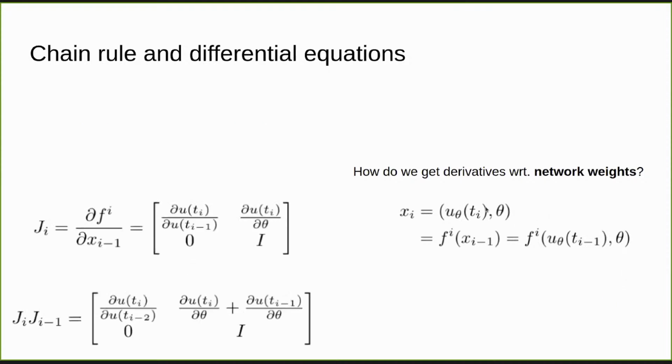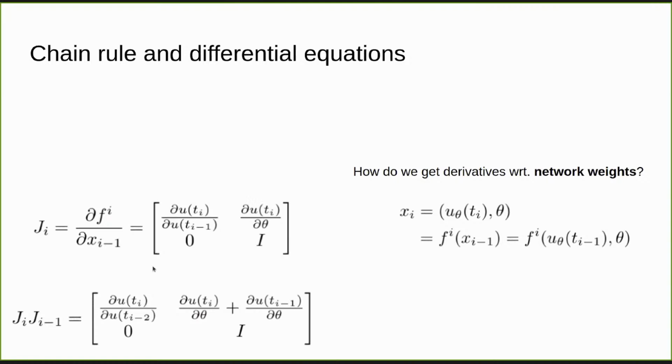On a slightly more technical level, what this does is it means that the Jacobian has a block structure, 2 by 2. Each of these is a matrix now. One is just the old derivative of the next time step with respect to the previous time step. And one is the derivative of the output with respect to the parameters.